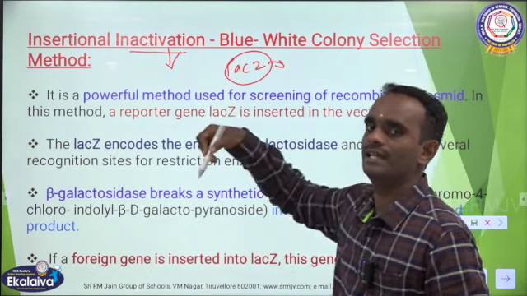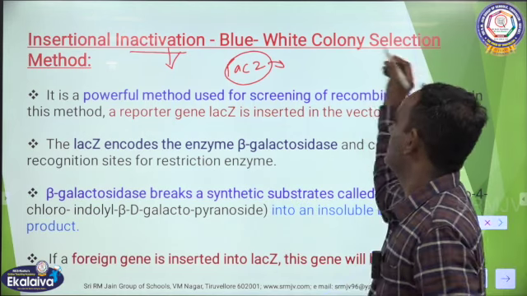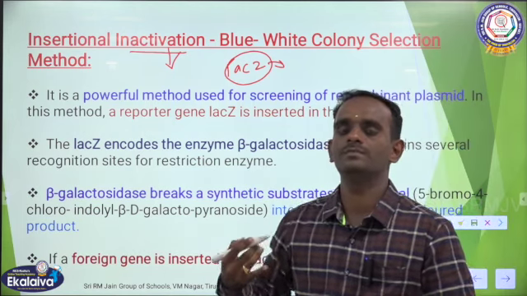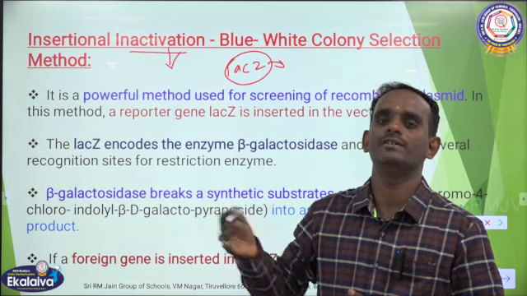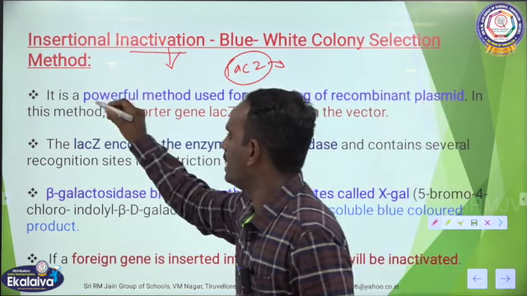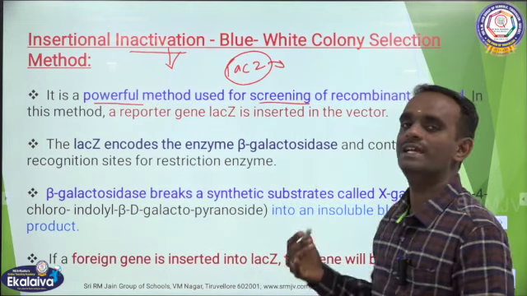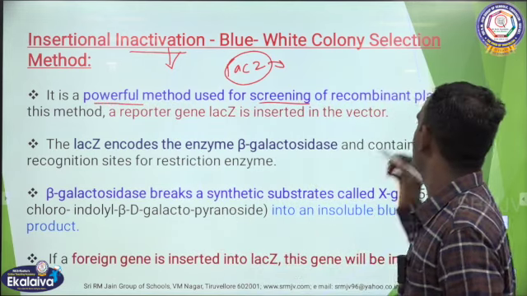So insertional inactivation, or the blue-white colony selection method, is the first method for screening for recombinants. Okay children? This is a very important and powerful method used for screening of recombinants.